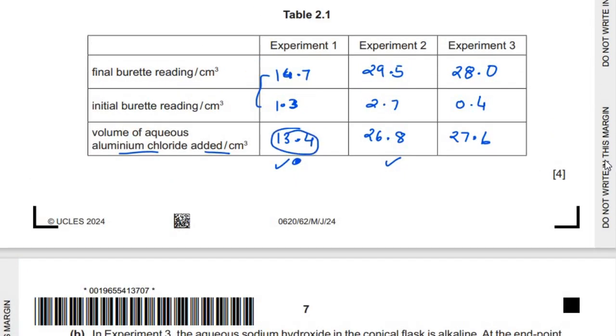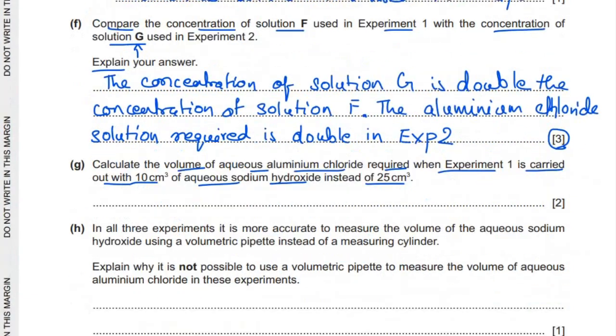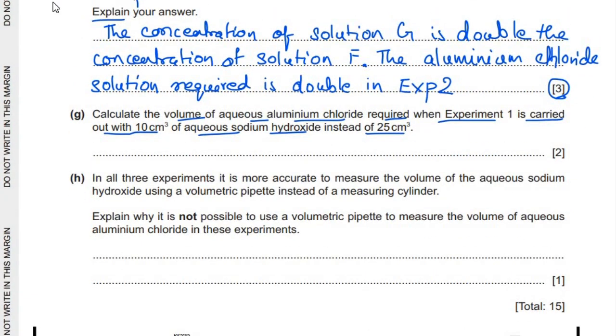Now if we are using 10 cm³ instead of 25 cm³, it's going to be 2.5 times less. So we need to divide 13.4 by 2.5. So 13.4 divided by 2.5 is 5.36 cm³. Now you need to mention the unit also, because it's clearly written that the earlier reading is in cm³.